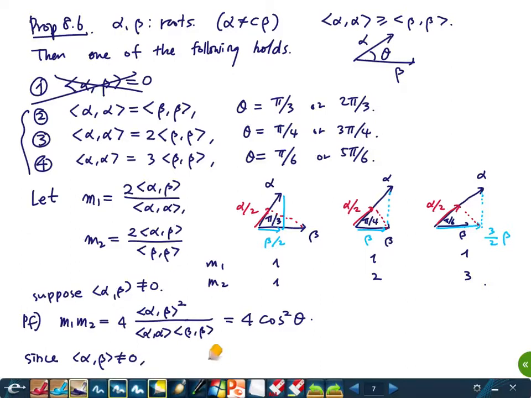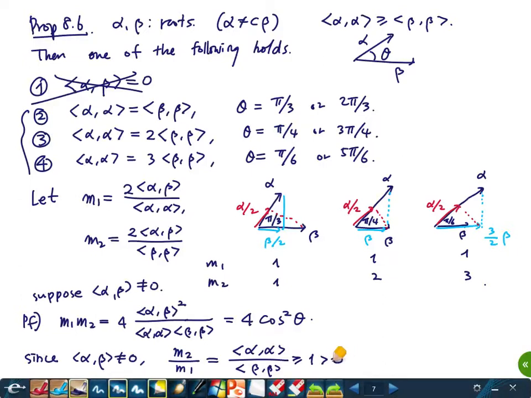We can divide m2 over m1, like this. This is just (alpha, alpha) over (beta, beta), which is in particular positive.